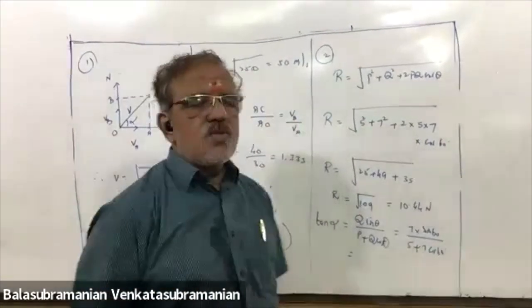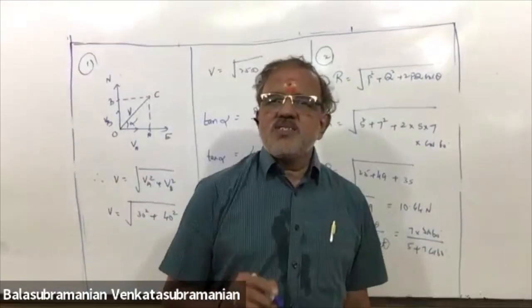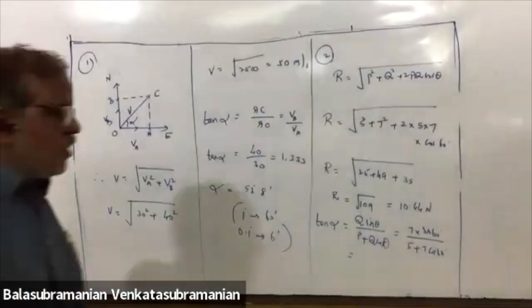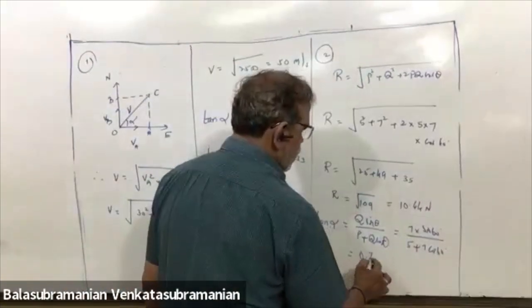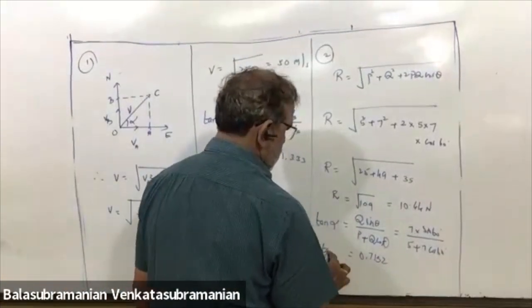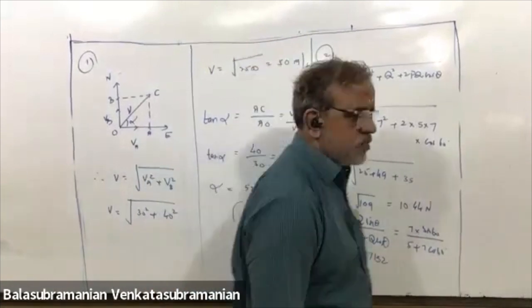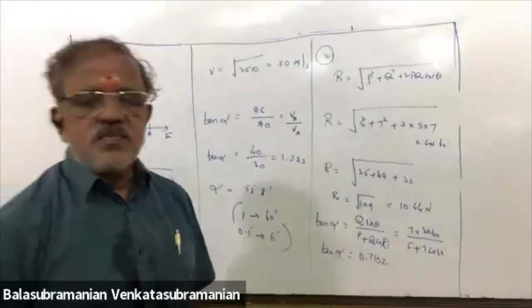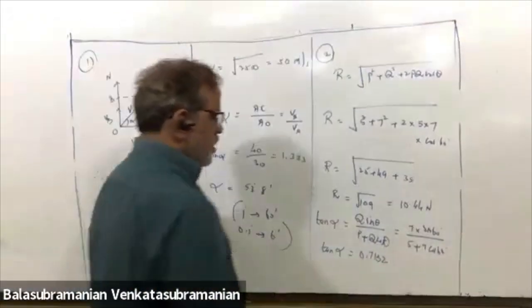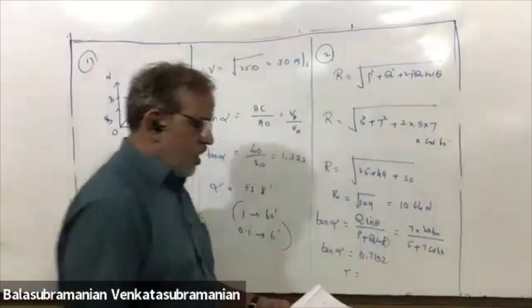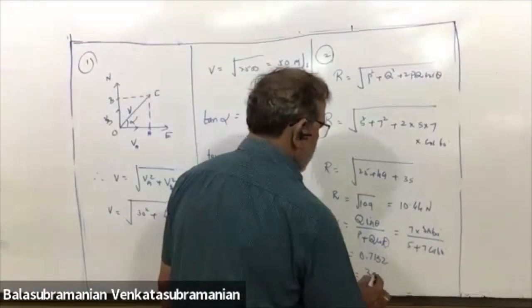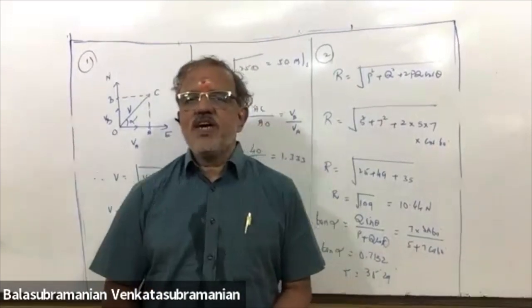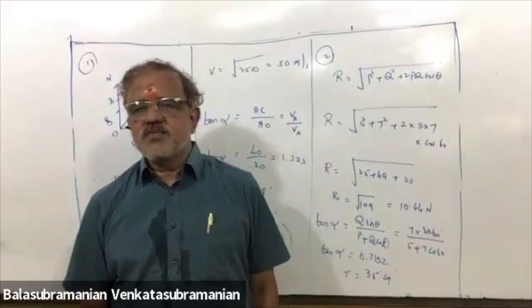Sin 60 is root 3 by 2, cos 60 is 1 by 2. Simplify, you are getting 0.7132. See the natural tangents, the value is around 35 degree 29 minutes.